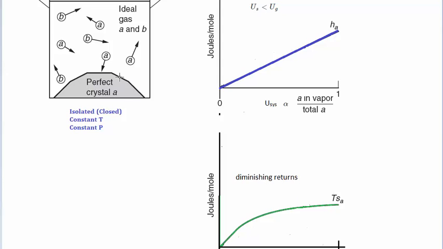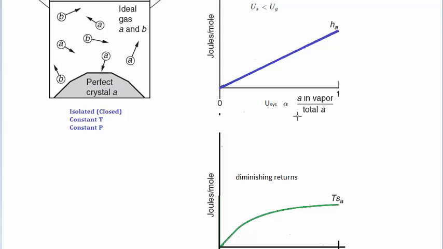What that means is that if you have all perfect crystal here and you vaporize a little bit of it to vapor, you get a pretty big increase in entropy because you're greatly increasing the degrees of freedom of your system. But as you vaporize more and more of this crystal, you're going to get diminishing returns in your entropy.